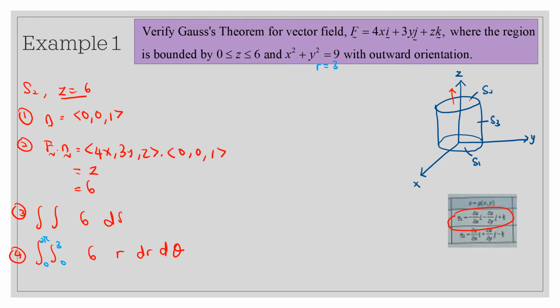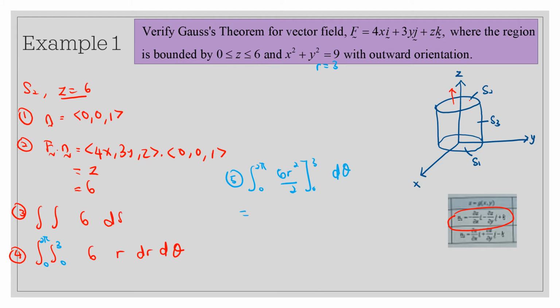Okay, step number 5, you solve the integration. So here you integrate with respect to dr, you will get 6r squared over 2, 0 to 3, d theta.